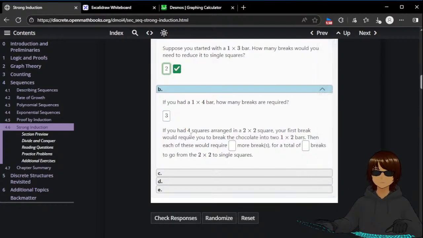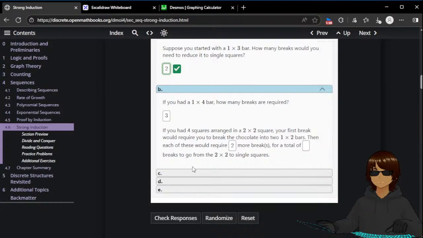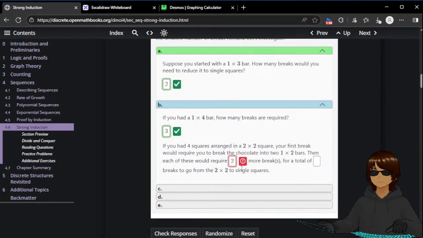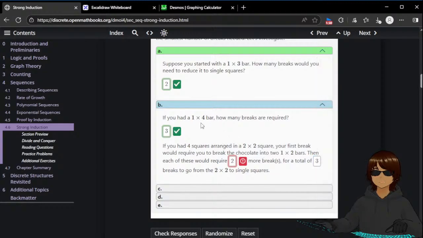First, guys, arrange it in a 2 by 2 square. First break would require you to break the chocolate into 1 by 2 bars. Then you would require 2 more breaks, for a total of 3. Wait, what? 2 by 2 squares. One break here, then each of these would require one break.